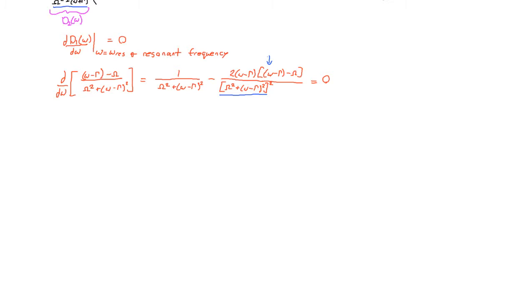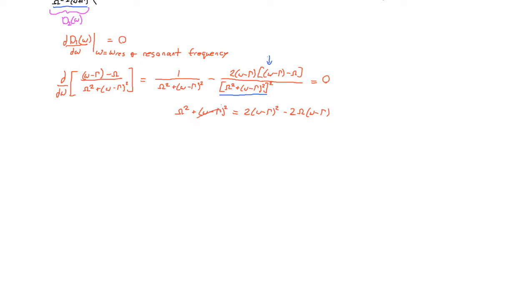So what we're going to get when we do that is omega squared plus omega minus gamma quantity squared is equal to 2 omega minus gamma squared, and then we're going to have minus 2 omega times omega minus gamma, right?